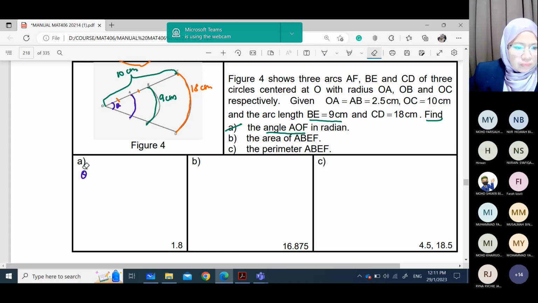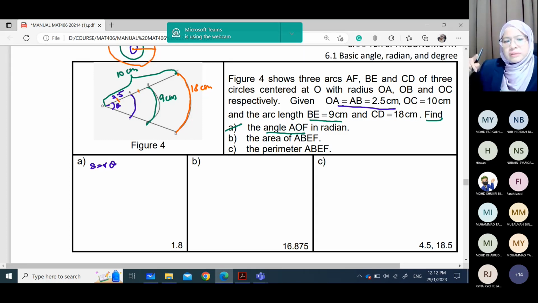Sekejap, kita nak guna formula apa ni? Nak guna area ke nak guna S? Kita guna S lah. S equals to R theta. So radius kita dah tahu dah. Radius adalah jarak OA and AB, 2.5 cm. Jadi OB dia akan jadi total bagi jarak OA dan AB.